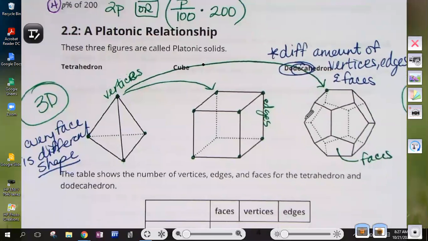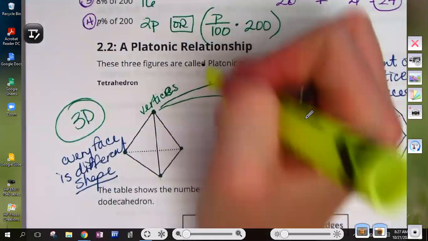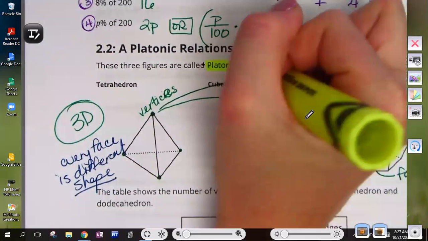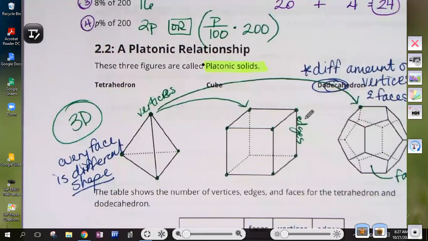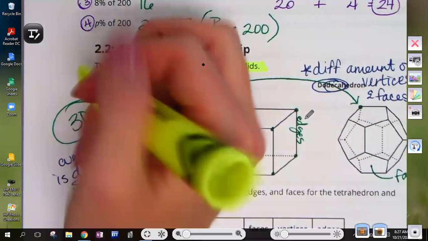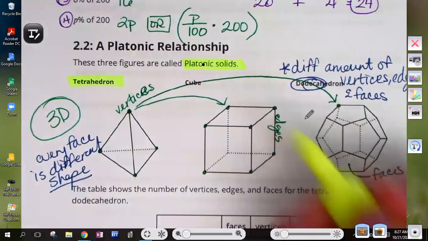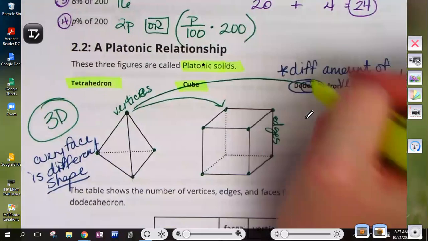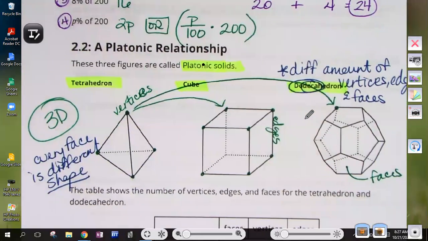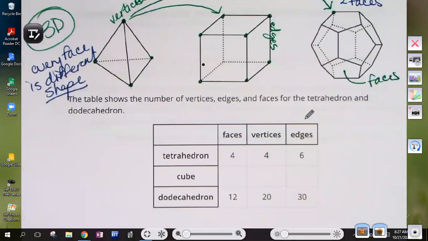Now, these are all, once again, called platonic solids. That's not a huge thing you have to know for this unit. That's just what they're called. So we got a tetrahedron, which is just this guy, the little pyramid looking thing. We got a cube, and then we got a dodecahedron. So looking down at your paper again, you can look in your books.